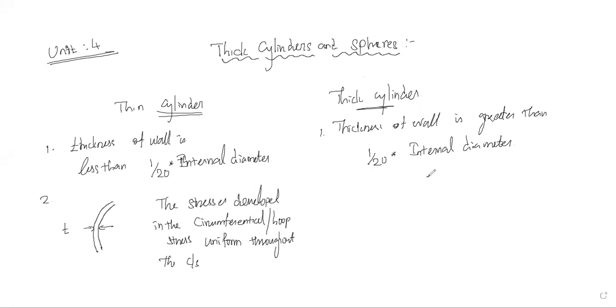Okay, that is circumferential stress. Here, because of the thickness, the stress is not uniform. Okay, so internal side it is higher value and the external side it is lesser value. So like that we are assuming.